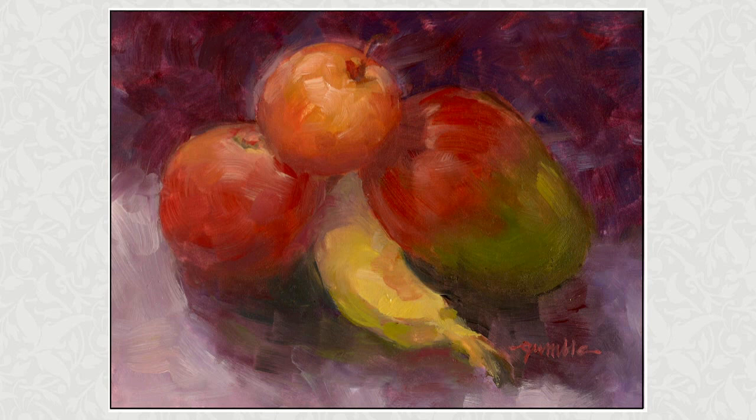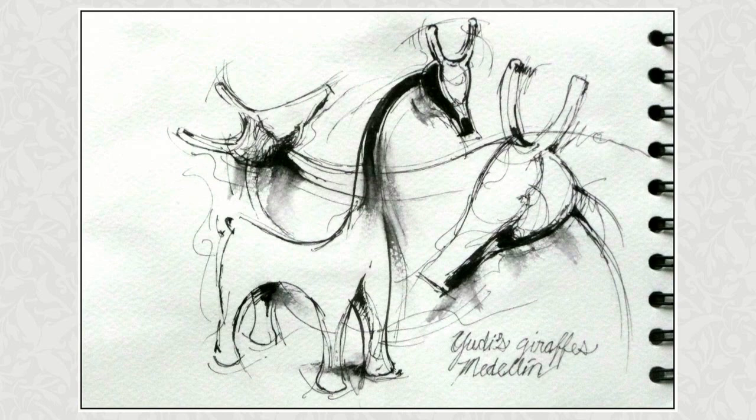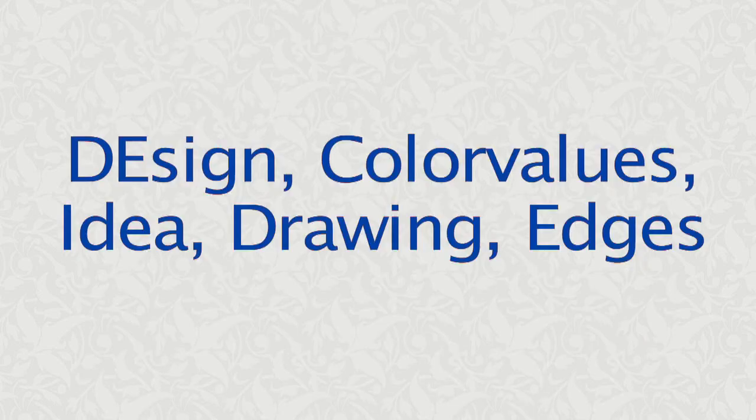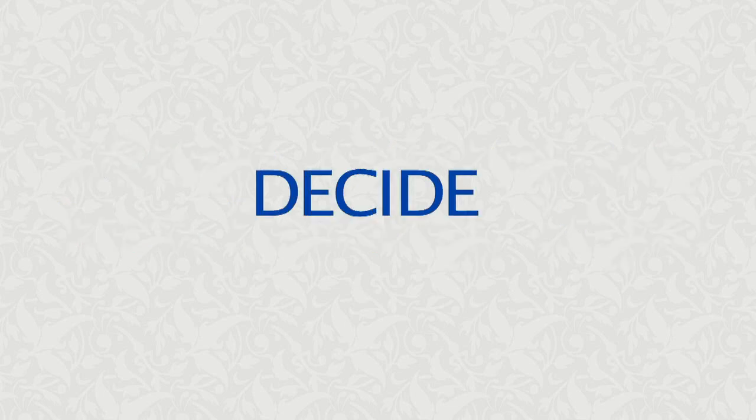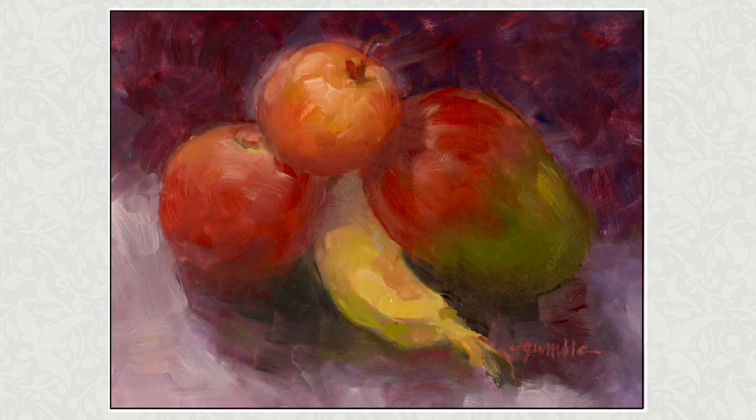Notice also that as the edges of the mango and the edges of the apple go away from my star, they get softer, and in a lot of cases they completely disappear. So just like the pen and ink drawing I showed you, first, design, color values, idea with imagination, drawing, and edges all work together to make a painting of ordinary objects much more interesting.